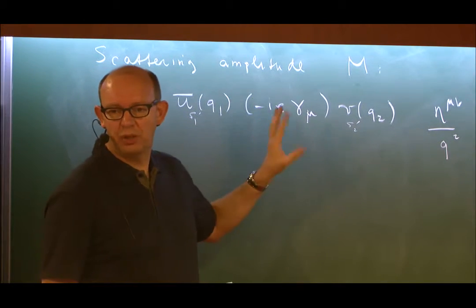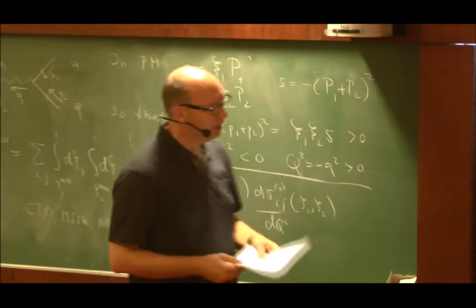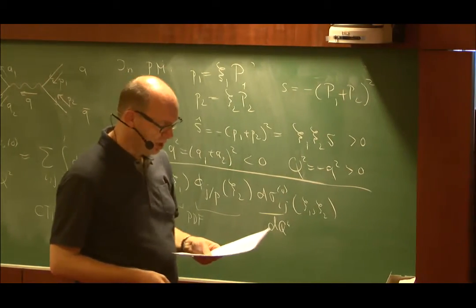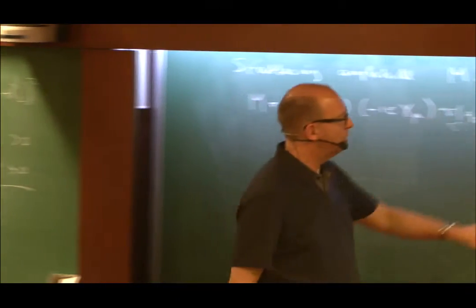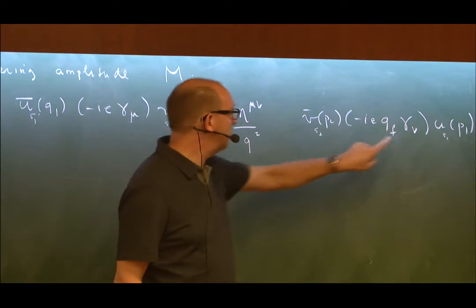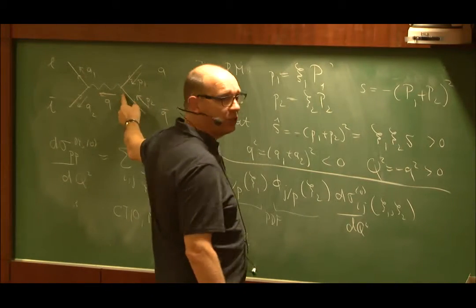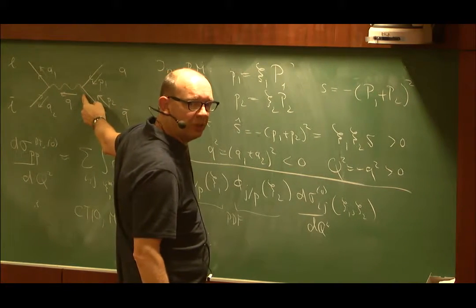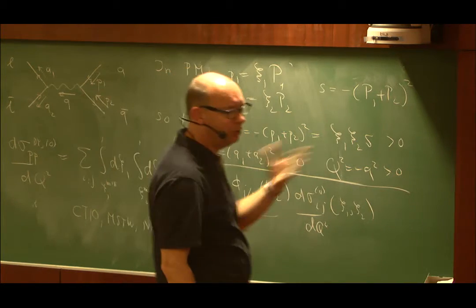That would be 0 by Ward identities, if you happen to know what that is. But one way or another, it can be set to 0. So this is it. Notice also this factor Q_f, because this is the interaction of the photon with the quarks. And the electric charge of the quark is not necessarily 1. It can be 2/3 or minus 1/3. And so Q_f is either plus 2/3 or minus 1/3.